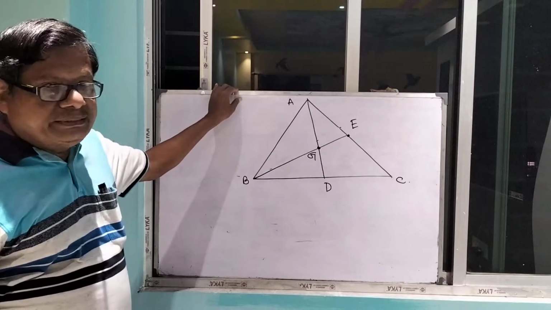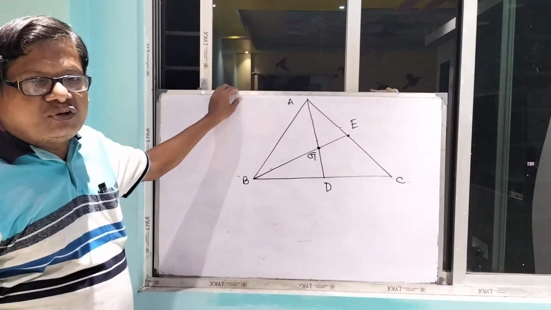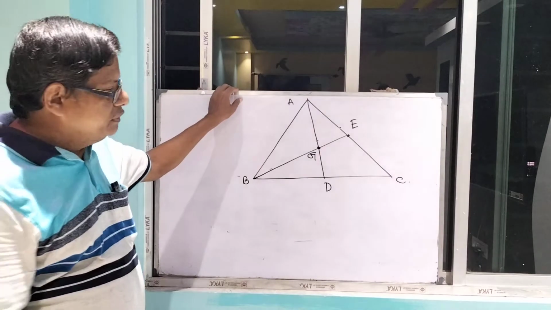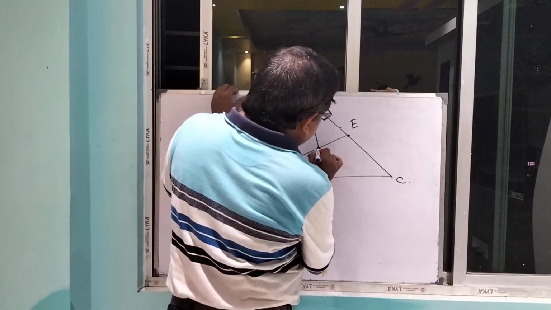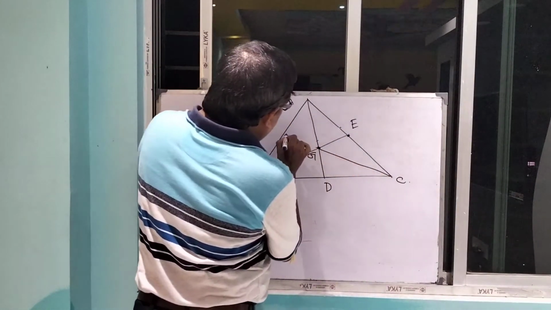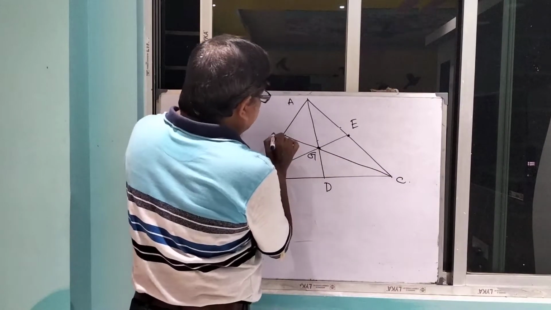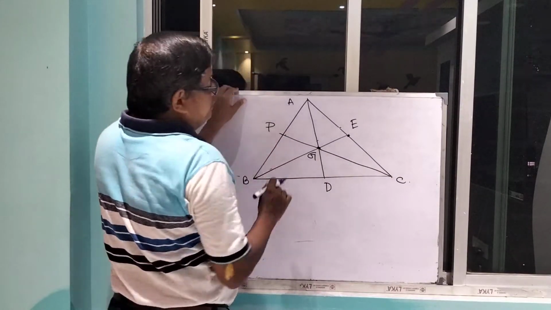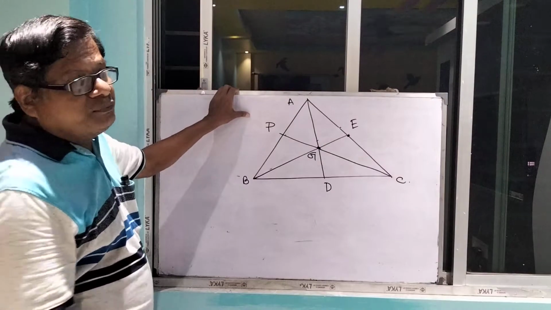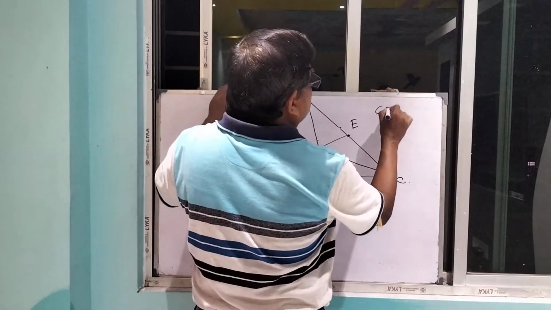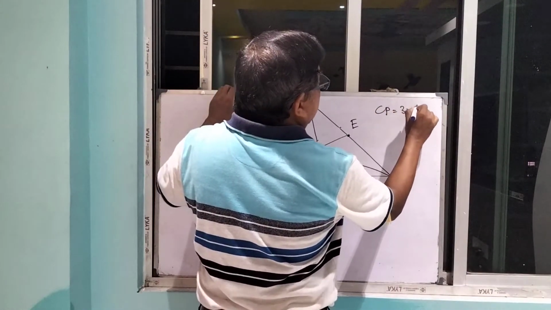The point G is called the centroid. If we join CG and extend, obviously this is the third median. Suppose this is P, CP is the third median. Keep in mind, CP is the third median.